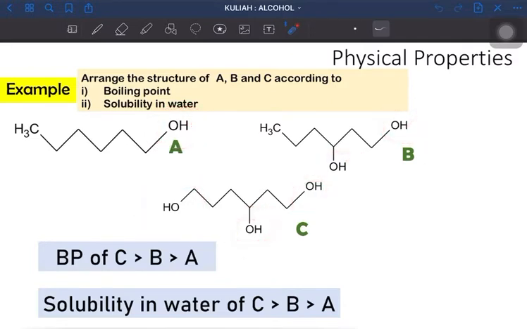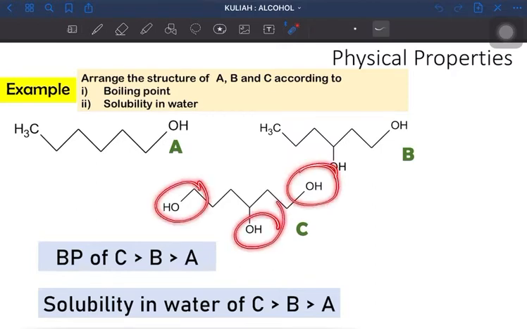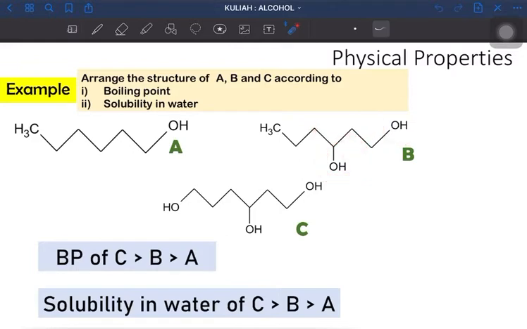Kita tahu lagi banyak OH, lagi strong bond dia. Sebab apa? Dia ada stronger hydrogen bonding. Okay, so dekat sini kita tahu C dia ada strongest boiling point. So dia ada 3 hydroxyl group. Followed by B because dia ada 2, and then followed by A because dia ada 1 sahaja.